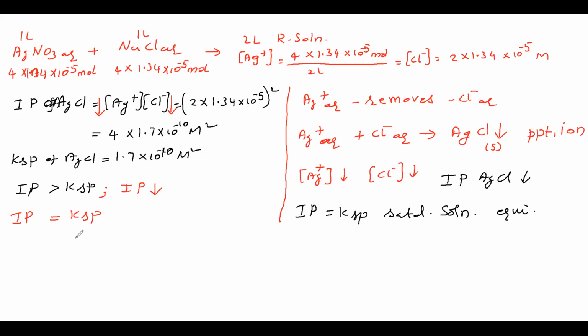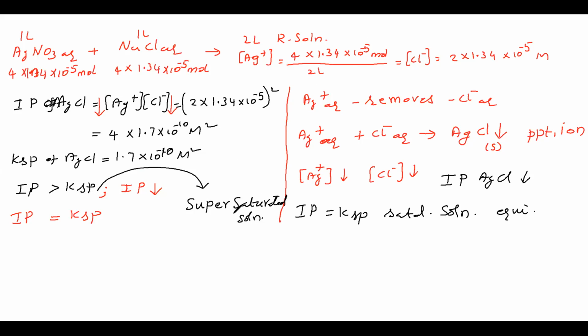Therefore, when ionic product is greater than solubility product, and the system is not in a saturated solution, in what manner is the system? When ionic product is greater than solubility product, the system is called a supersaturated solution. A supersaturated solution is not possible under normal conditions.